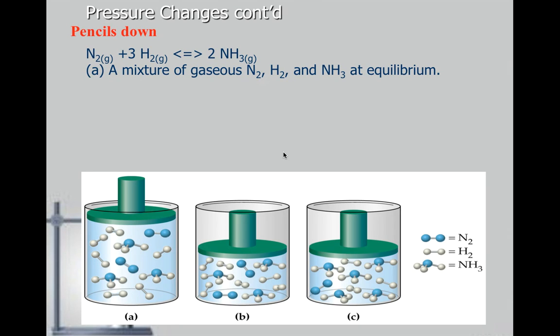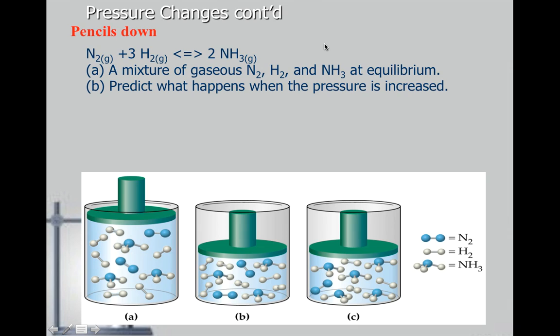We have a total of 1 plus 3, so that's 4 moles of gas on the reactant side. Okay, remember I'm counting the coefficients, which represent the number of moles. Okay, so 3 and 1. And then on the product side, I have 2 moles of gas. Okay, and notice all of these say that they're gases, so they all do count.